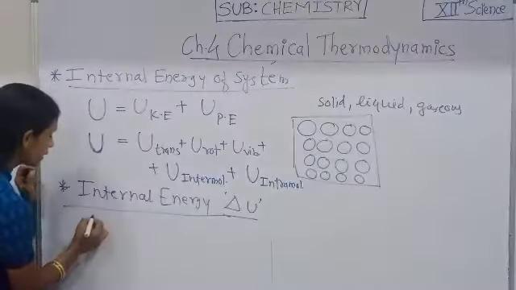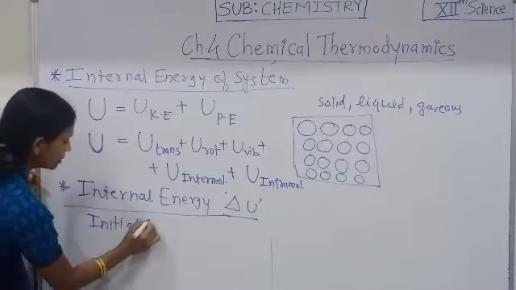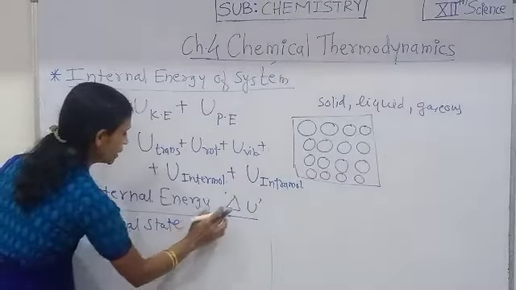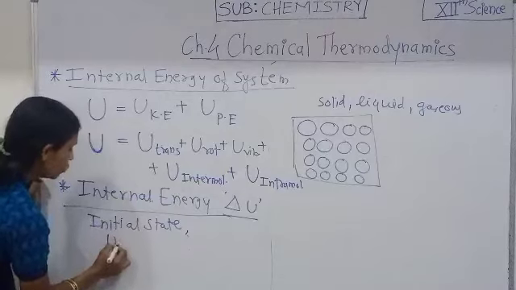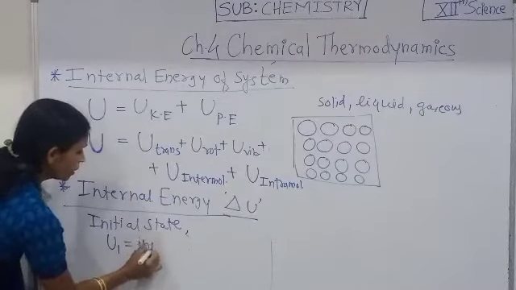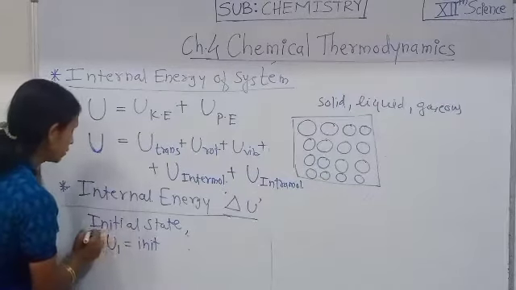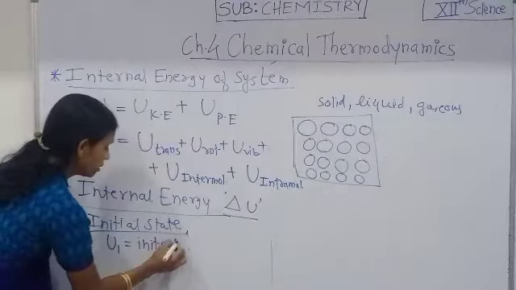When the system is at the initial state, the energy related with that system is U1. U1 is the internal energy of the system when it is at the initial state.